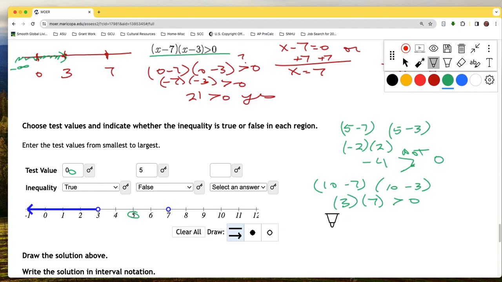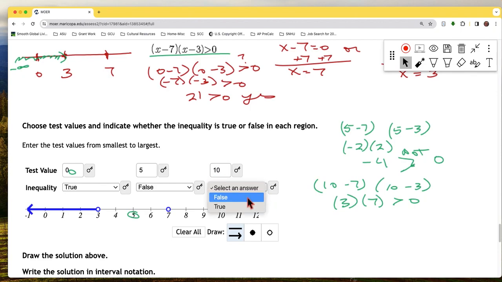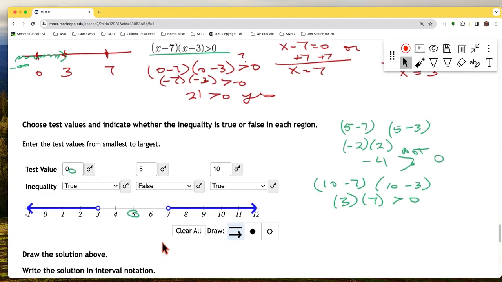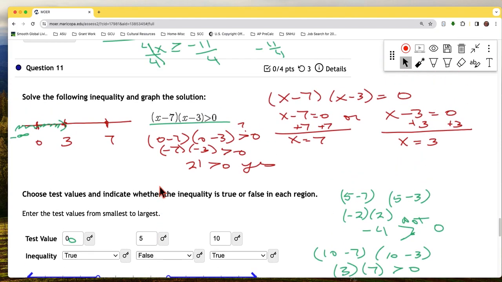It's 21. We don't really care what it is, we just know it's a positive value. So I can say we checked 10, and that is true. So we come back to our little tools here and we say we get to go this way. So that's our solution. Got that part.